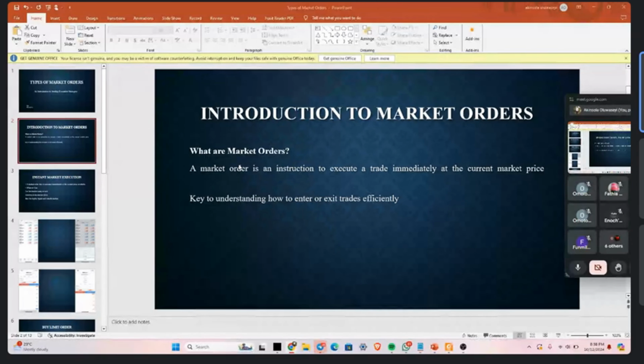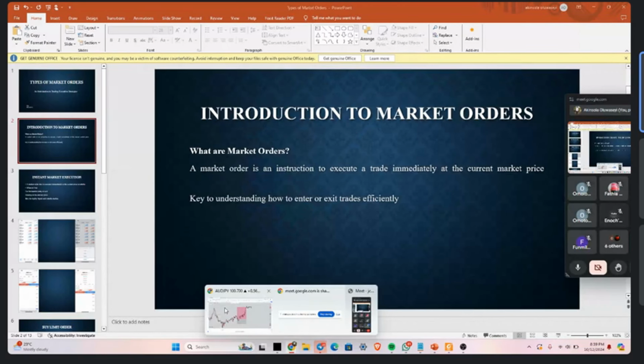What a market order does for you is it's the key to understanding how to enter or exit a particular trade efficiently. Now, you actually want to buy GBPUSD. You must know the kind of market order. All right, am I interested in buying at the current market price, or do I want to set a limit order, or do I want to set a stop order?